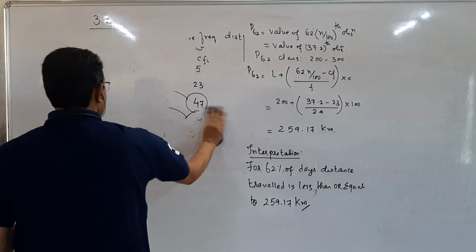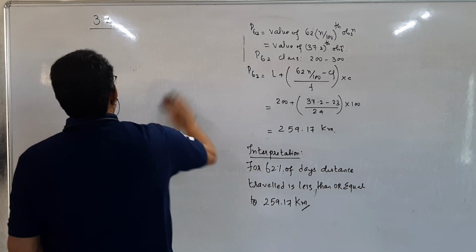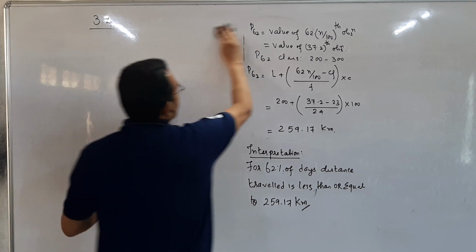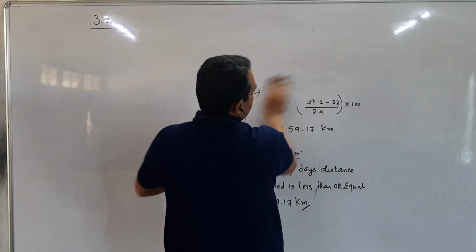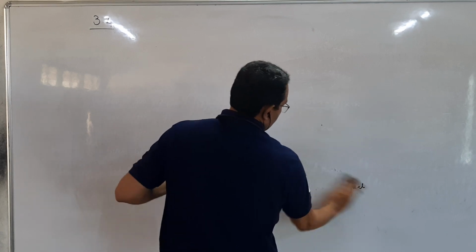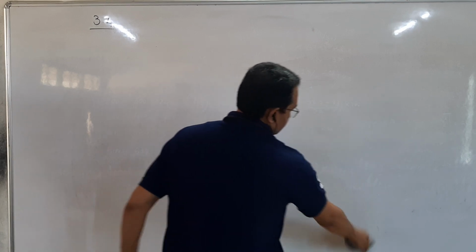Now students, we will do sum number 4 to complete the exercise. What is the fourth question? Use the following data to find the median salary of employees in a firm.